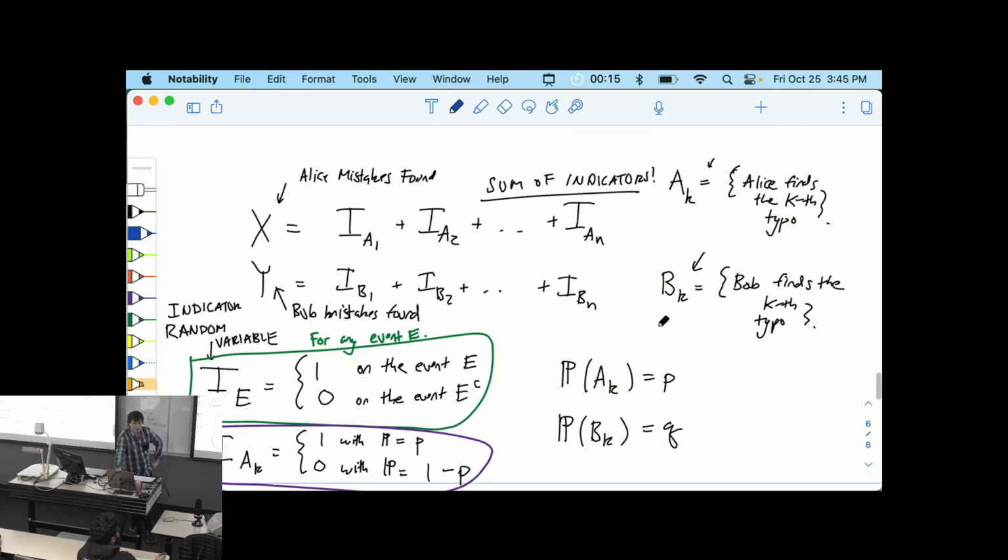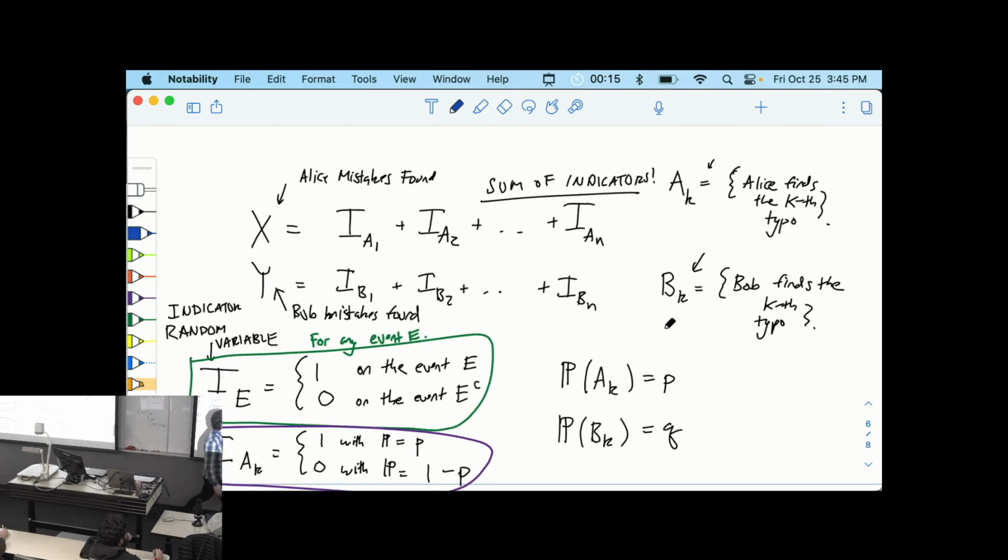Okay, so now that we have this, X is a sum of indicators, and Y is a sum of indicators. We've done this a bunch of times now, there's a name for things that are sums of indicators. There's actually one other ingredient we need in order to give this our special name, which is that they all better be independent.